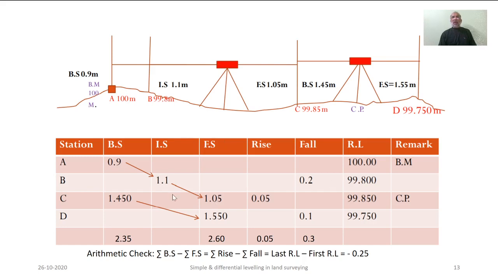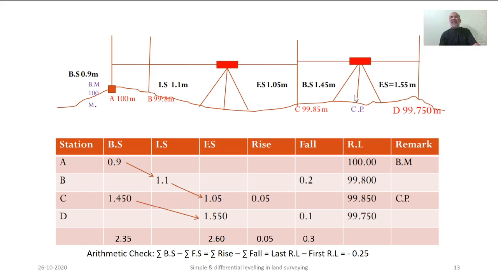Now, on station C, we have worked out the reading as 1.05. This is the change point. Hence, after shifting the equipment, again we have taken the reading 1.45. As 1.45 as well as 1.05 are both taken on the same station, there cannot be a rise or fall with the same entity.